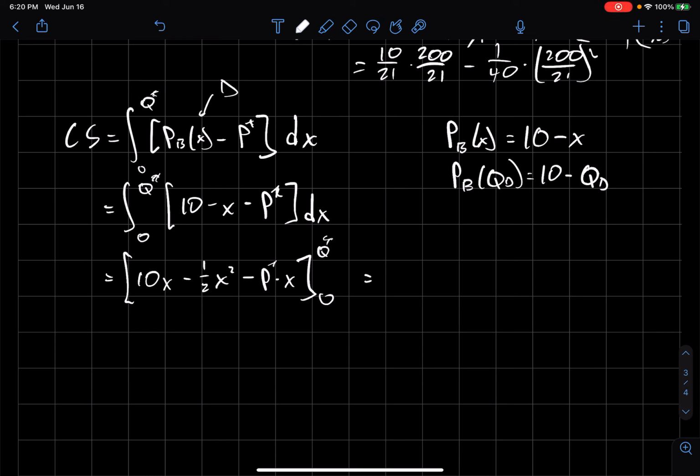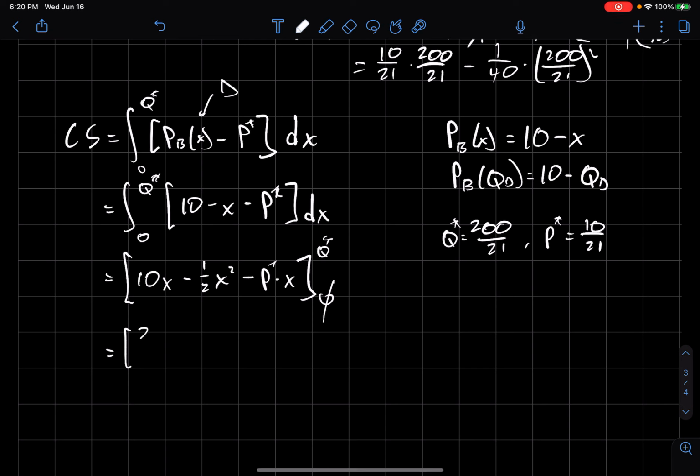Okay, so our Q star is 200 over 21, and our P star is equal to 10 over 21. And again, our 0 is going to cancel everything out in the integral.